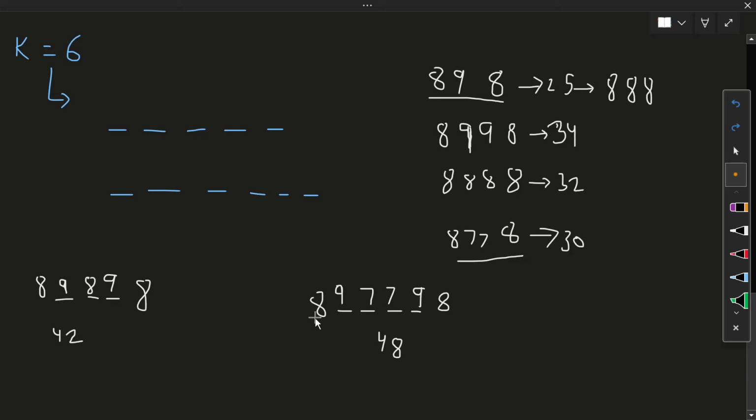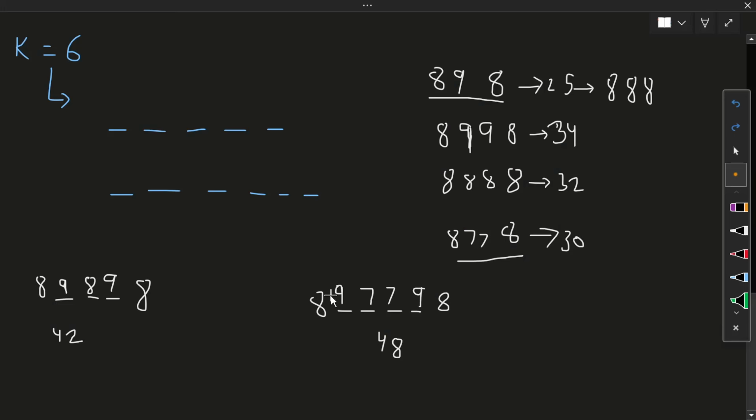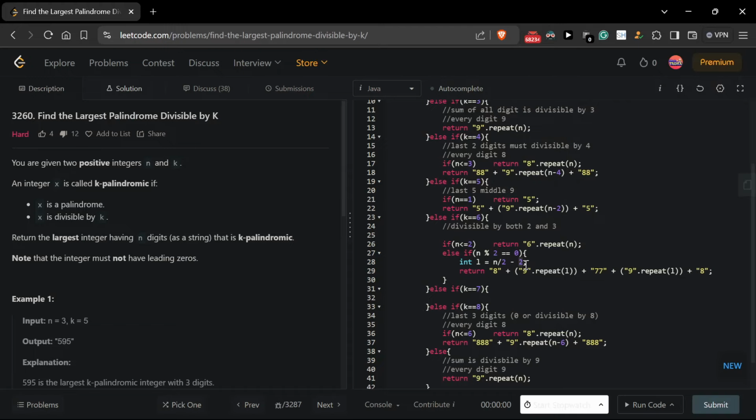Let's count: 6 by 2 is 3, and 3 minus 2 is 1. So here we want to repeat 9 one time on each side, and in between we want to fill 7. So in between I filled 7, on the first and last spot I filled 8, and the remaining spots I filled 9. That's the even case.